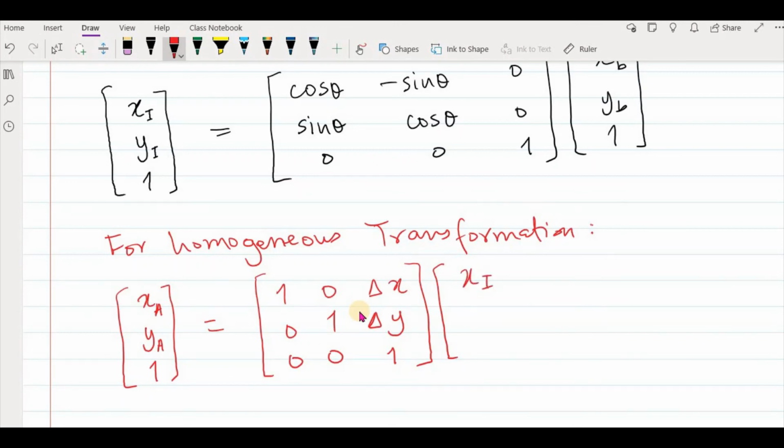We already did the rotation, and now we have to do translation. Sorry, not transformation, it's translation.